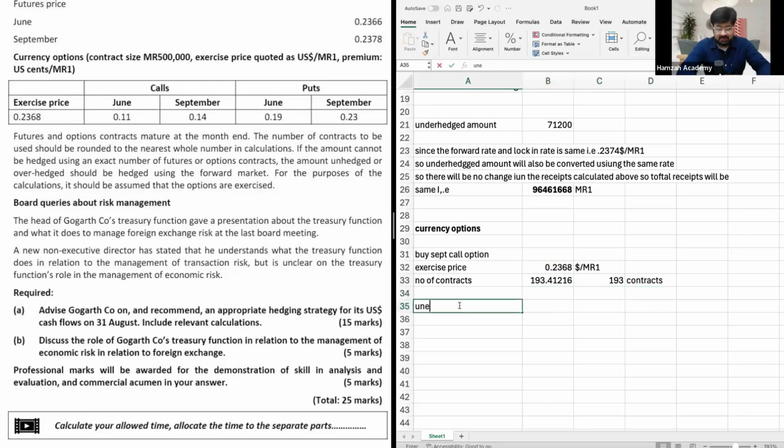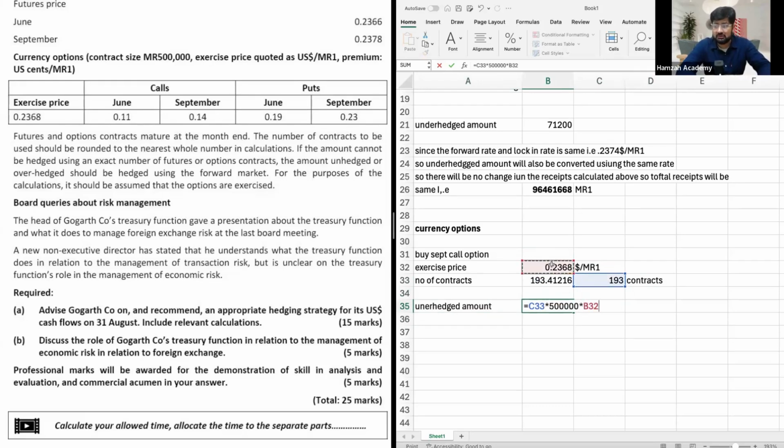Now, the under-hedged amount will be equal to the total amount to be hedged minus 193 contracts, 500,000 each contract, into the exercise price in dollars.